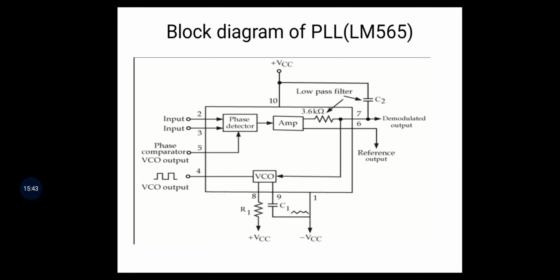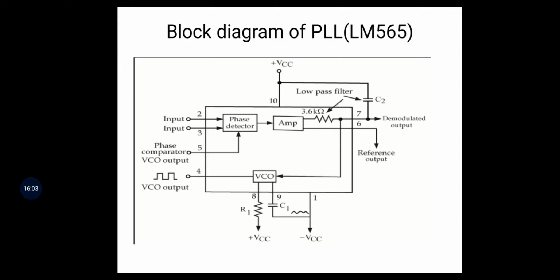The low pass filter has an internal resistance of 3.6 kilo ohms, connected between the amplifier output and the 7th pin.